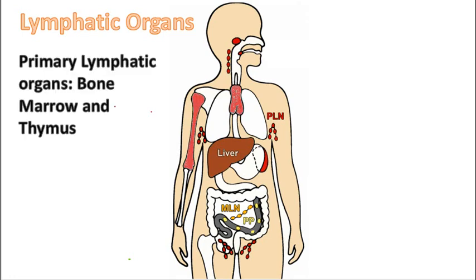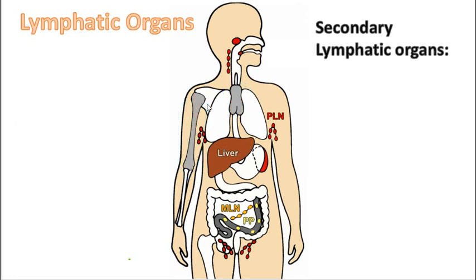So what are the primary lymphoid organs? The primary lymphoid organs are two organs, the thymus and the red bone marrow. What are the secondary lymphoid organs?